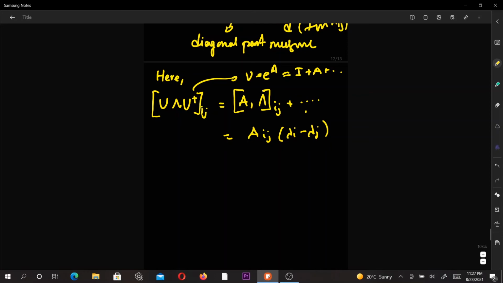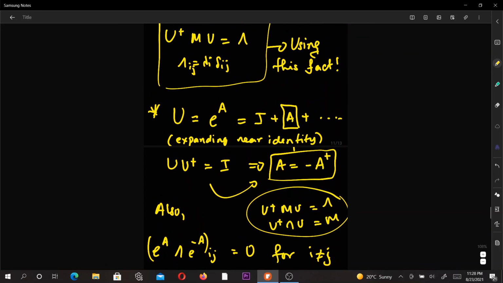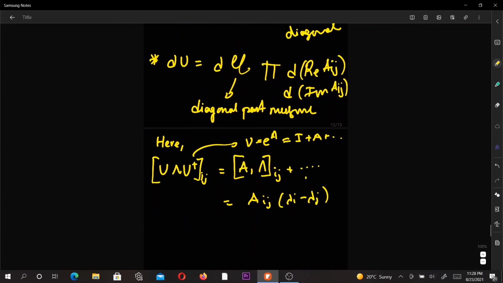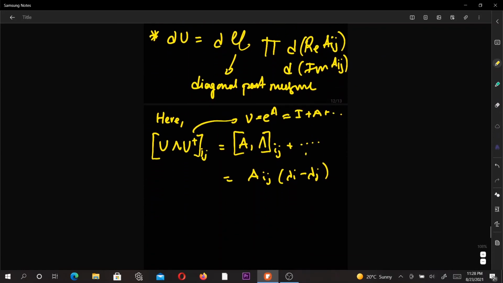One way to understand this is, think about it like this. The unitary matrix U, we expanded in terms of the matrices A. The matrices A are themselves very small because you have A squared, A cubed. So the matrices A are very small, and A squared is even smaller, and A cubed even smaller, A to the fourth even smaller. So what we usually do is we take the largest contribution that is coming from A and consider that.